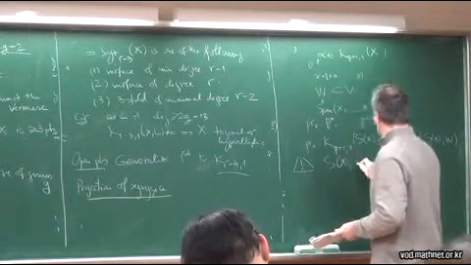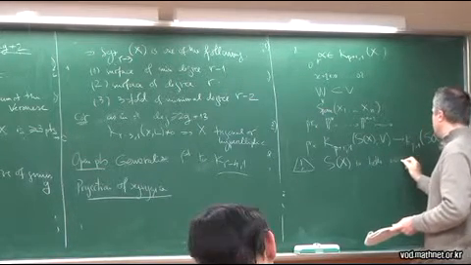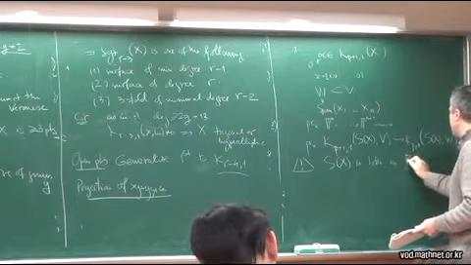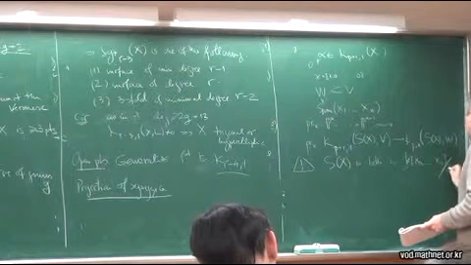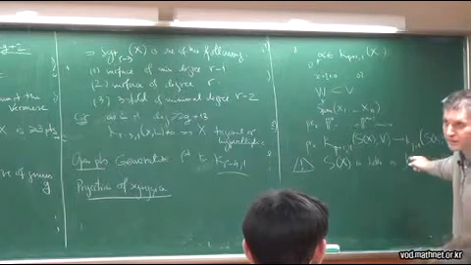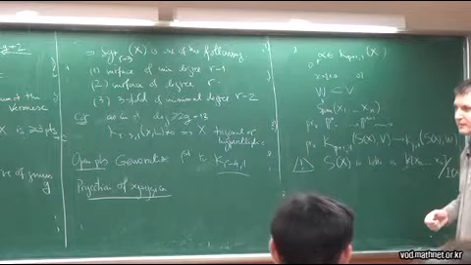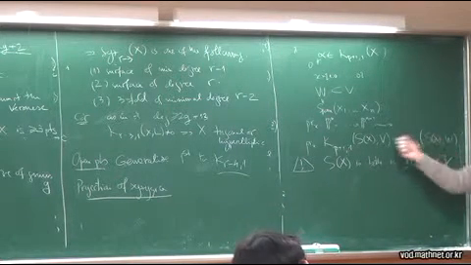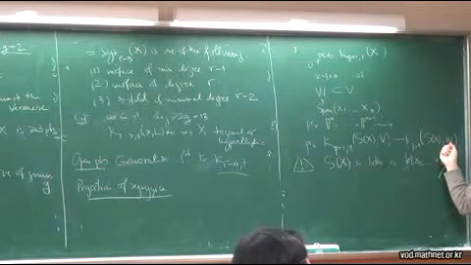S_X in both cases is S or K[x_0, ..., x_n] divided by I_X. So in both cases we have the homogeneous coordinate ring of X in the original P^n. So X is in both members, here and here.